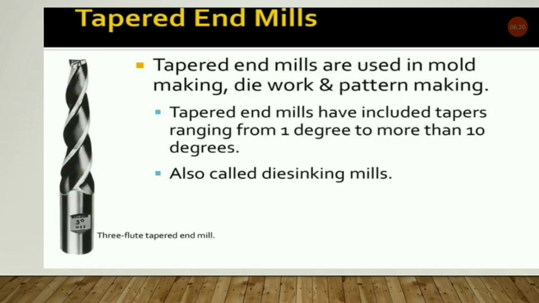That's why it is known as the tapered end mill cutter. This particular picture you are seeing is a 3-flute tapered end mill. These tapered end mills are used in mold making, die work and pattern making as well. They have included tapers ranging from 1 degree to more than 10 degrees.